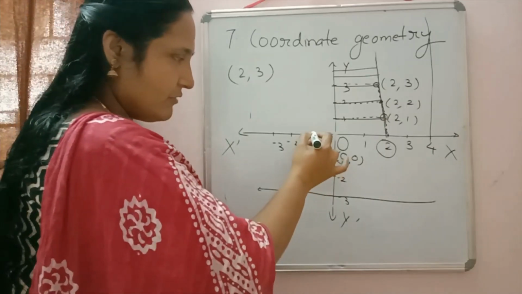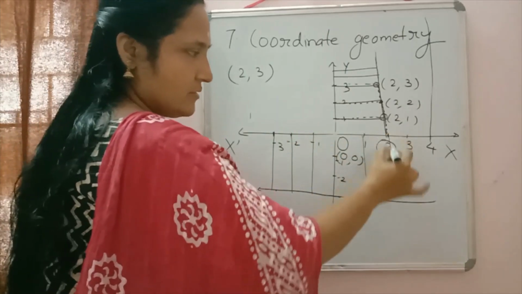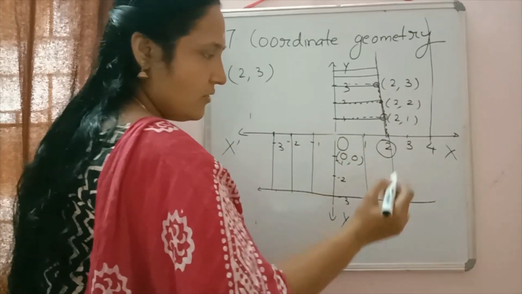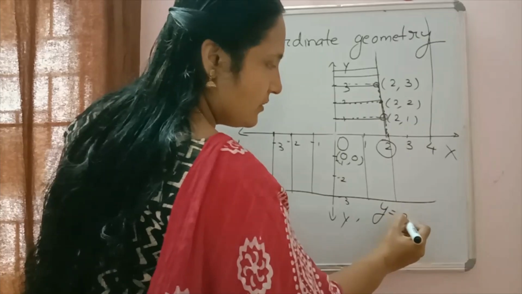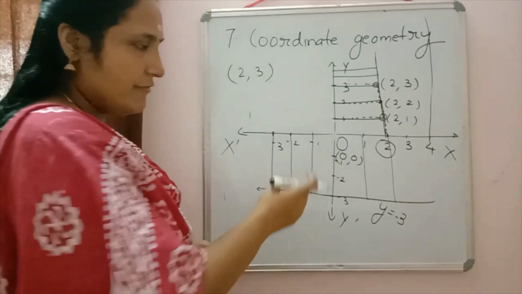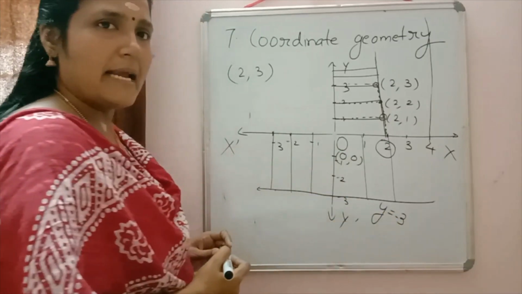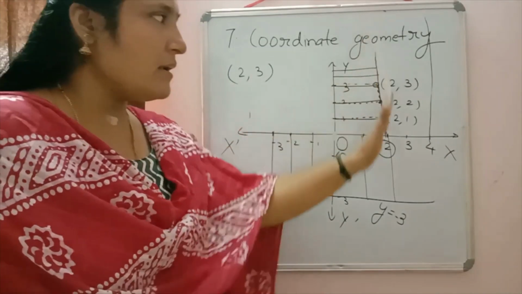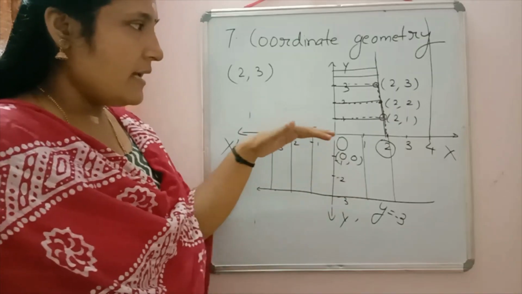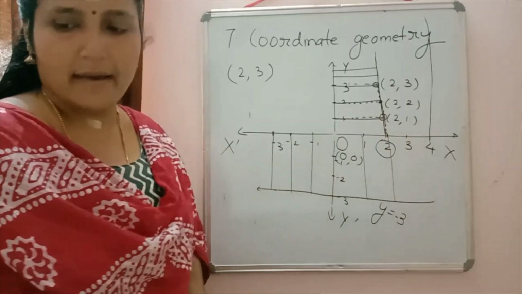If you draw the line here, this distance always remains a constant. That constant distance is 3 units. So we get y is a constant, and that constant is y is equal to -3. If a coordinate is negative, then you write the negative value only. Y is equal to -3. So if a line is parallel to y-axis, its x coordinate will be a constant. And if a line is parallel to x-axis, its y coordinate will be a constant.